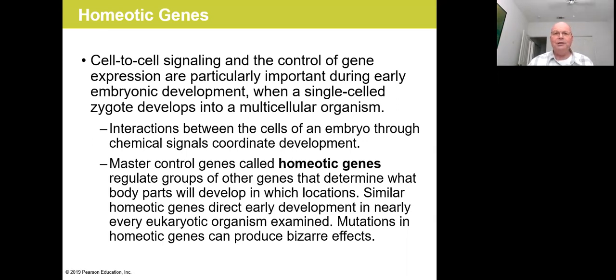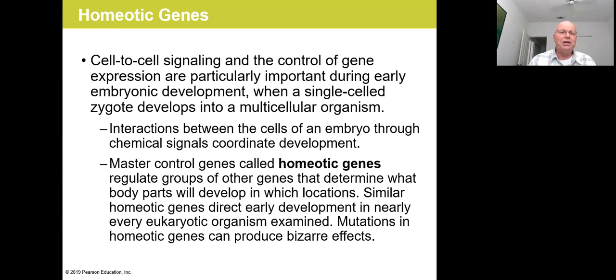They don't actually code for structural proteins or enzymes or anything like that. What these genes do is regulate whole groups of other genes. So you've got the master control gene at the top, and underneath you've got maybe hundreds of other genes that are activated when the master control gene gets activated, or a combination of master control genes gets activated.